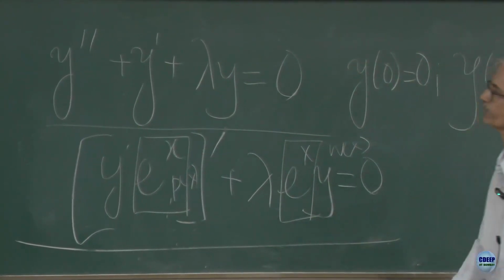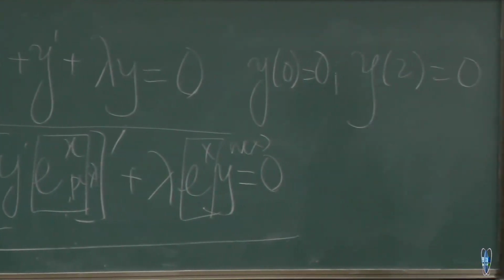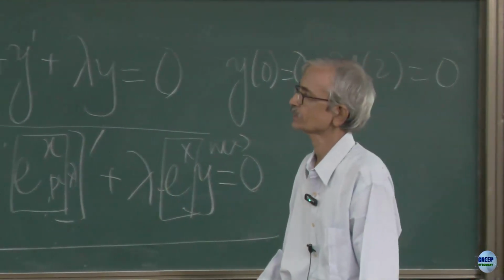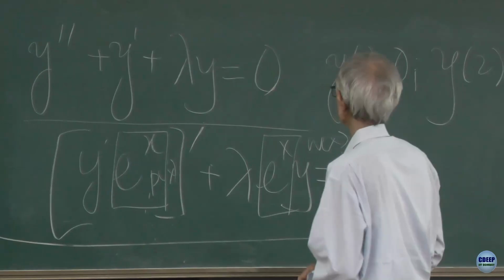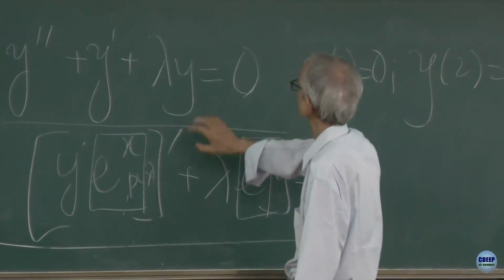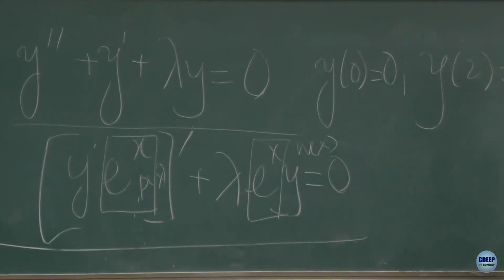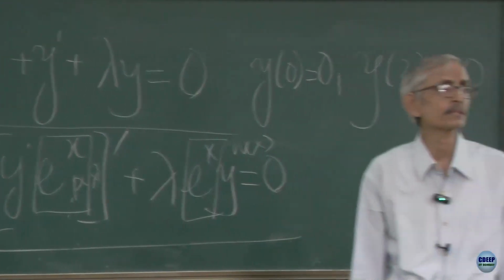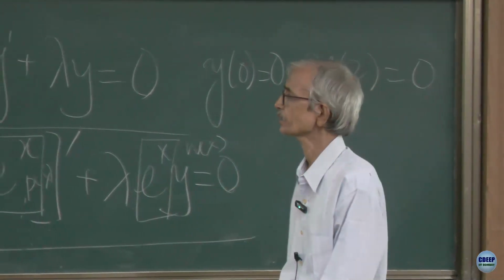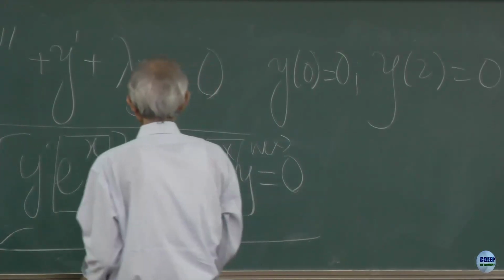So I've got a P of x which is non-unity and a W of x which is non-unity. Q is 0 because the second term in the Sturm-Liouville system that we had is equal to 0. All right, let's try to get the solution.